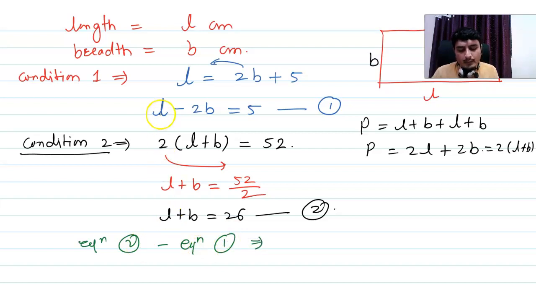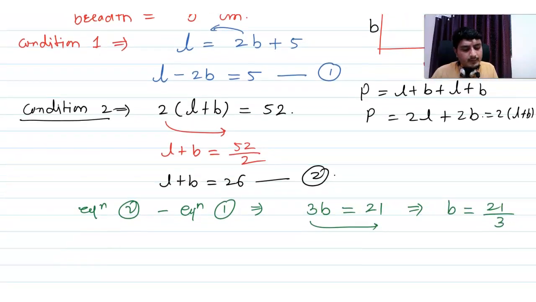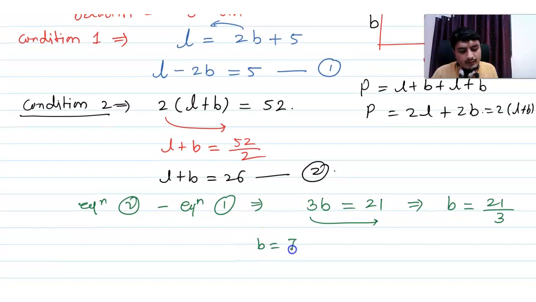L minus L is 0, cancelled. Then B minus minus 2B becomes 3B, equals 26 minus 5, which is 21. Shifting the 3 from LHS to RHS, B equals 21 divided by 3, that is 7. So the breadth of the rectangle is 7 centimeters.